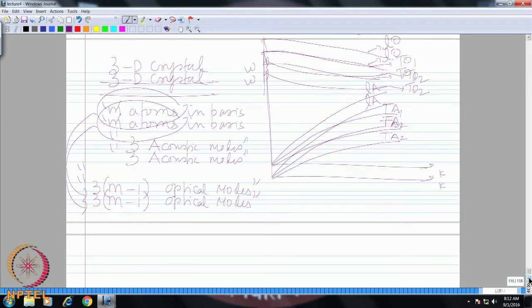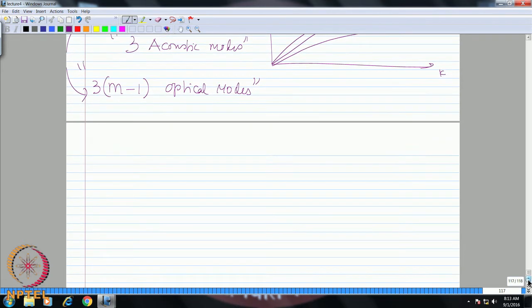However, to simplify this further, we can make an assumption. I will call this the Debye approximation.